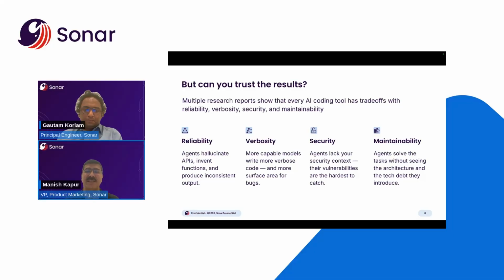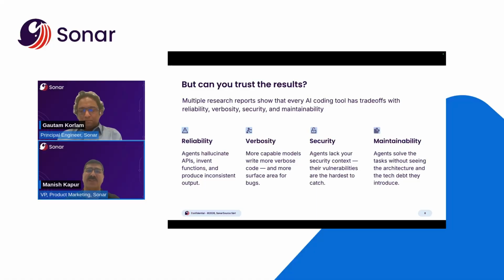They have been increasing. We also have a leaderboard at sonar.com/leaderboard, where we are evaluating all the models as they come out and looking at how reliable they are, how verbose they are, how secure they are, and how maintainable they are.